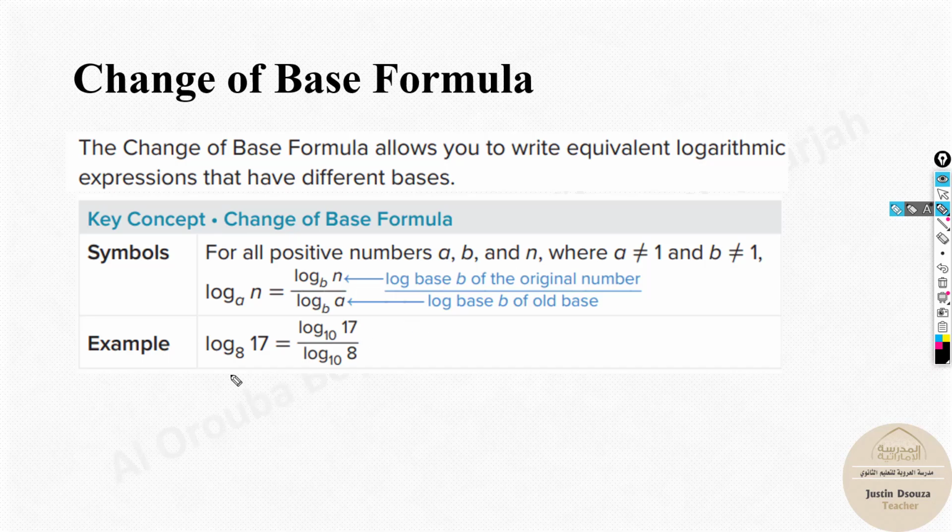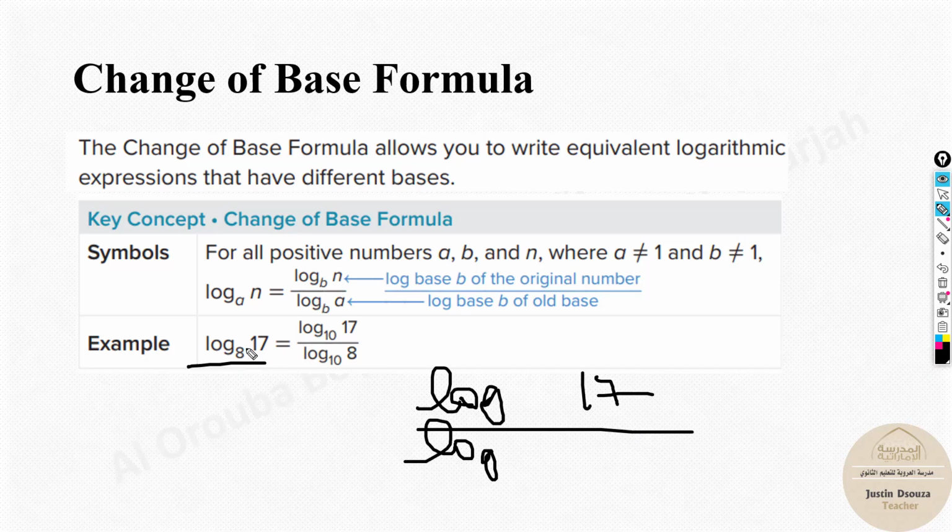Now imagine I have, okay, there's an example over here, log 8 and log 17, right? I can write this with logs of the same base, but the catch is, whatever is outside will be up, divided by the base, which will be at the denominator. Here, just make sure you write the same base, 10 and 10 or 5 and 5.